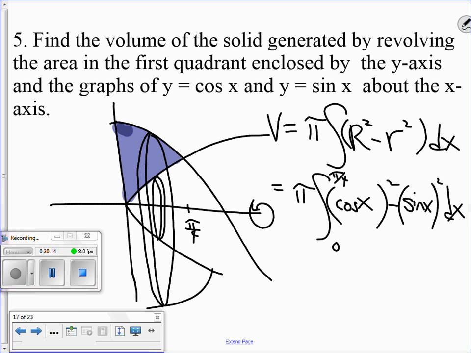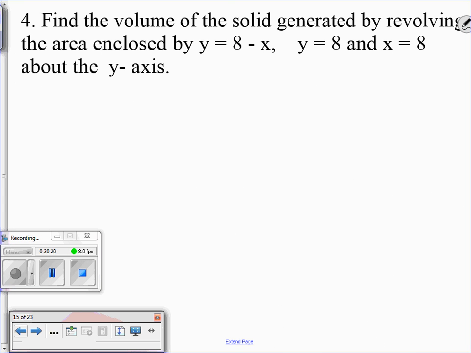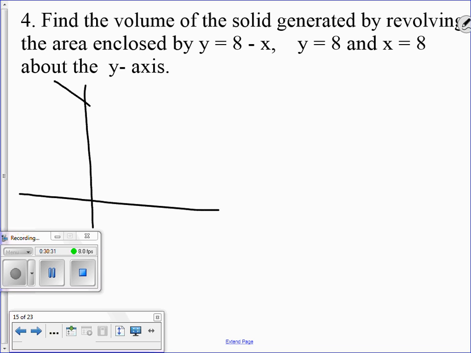Do we have time to set up a picture for one more? Which one? I want one where it's about the y-axis, though. Number 4? Bam. What does the graph y equals 8 minus x look like? Okay, the line y equals 8 minus x.